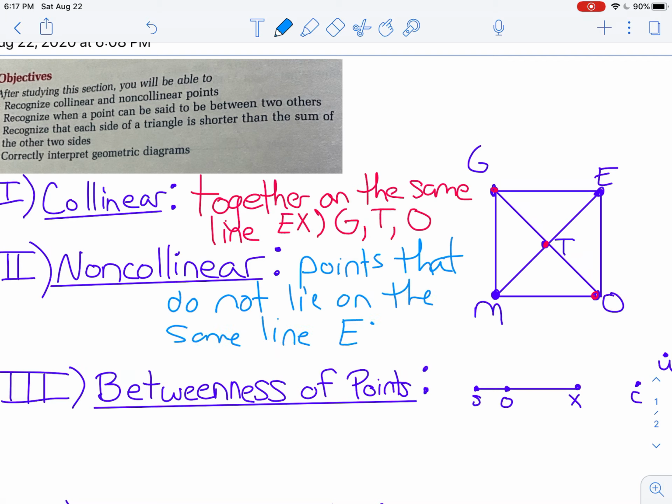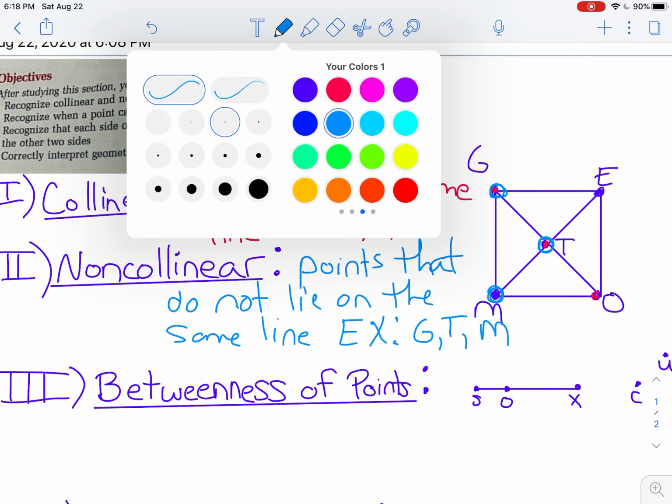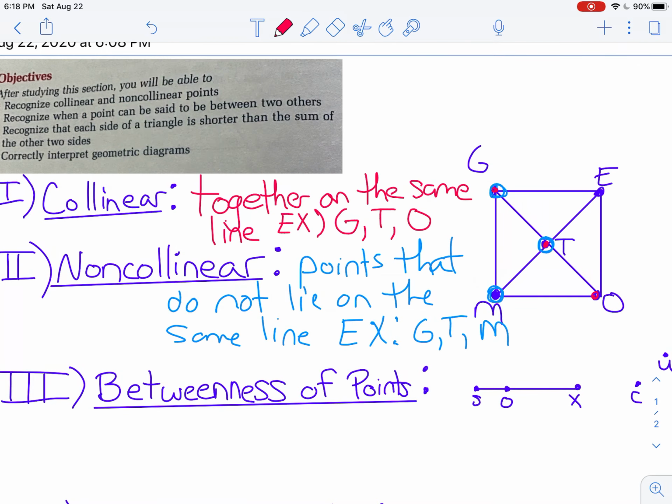And my example for that off to the side is going to be point G, point T, except I'm not going to pick point O, I'm going to pick point M. So if you look at G, T, and M, those 3 points are non-collinear. I understand that G and T are collinear, and that T and M are collinear, and that G and M are collinear, but those 3 together are non-collinear. Okay, so that's what we're looking for.